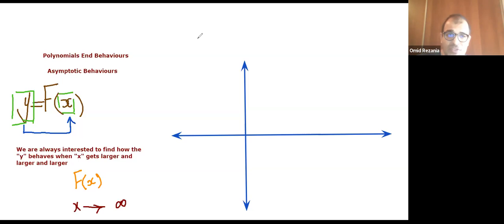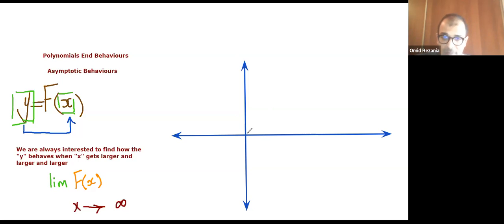Also, for the sake of completeness, I'm going to put a sign here, which is the limit, the mathematical representation of asymptotic behavior along the x-axis. You'll see that more next year, but that's a brief way to show what happens to the function when x becomes larger and larger.